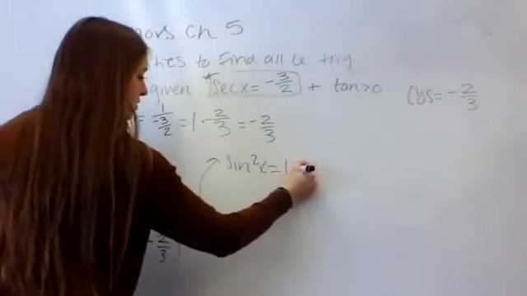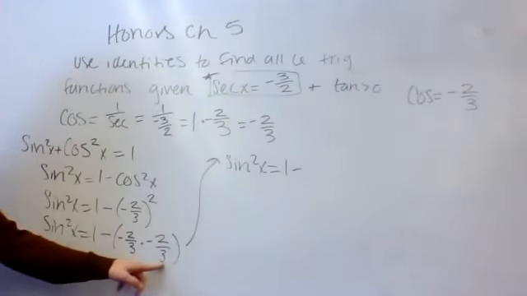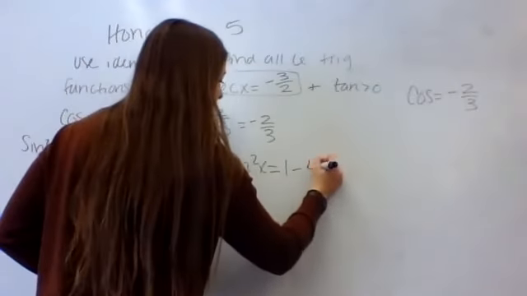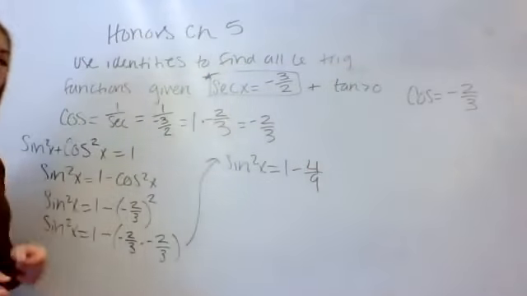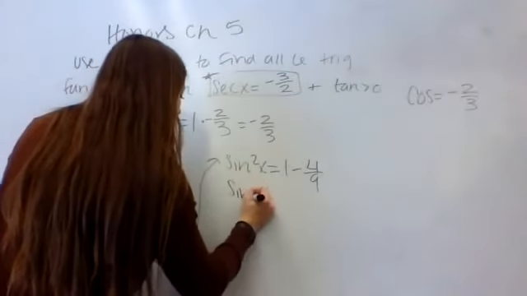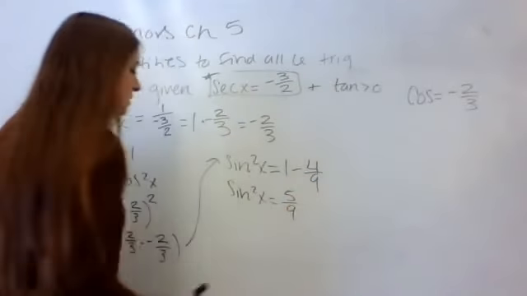So we still have sine squared plus, 2 times 2 is 4, 3 times 3 is 9, negative times negative is a positive, so we have 4/9. This is sine squared x equals 1 minus 4/9, that gives me 5/9.